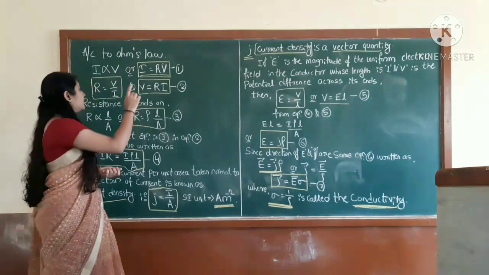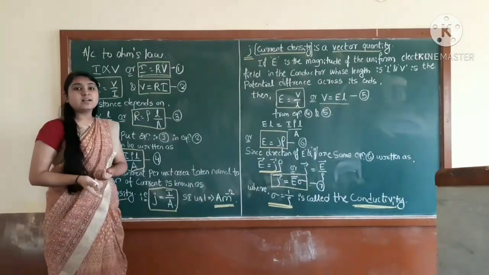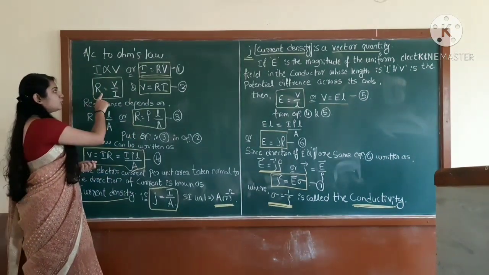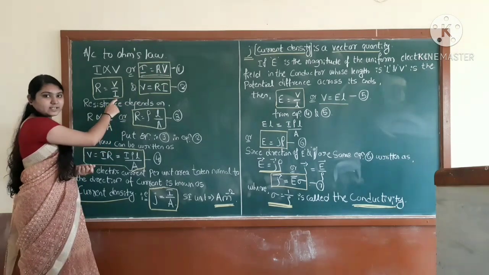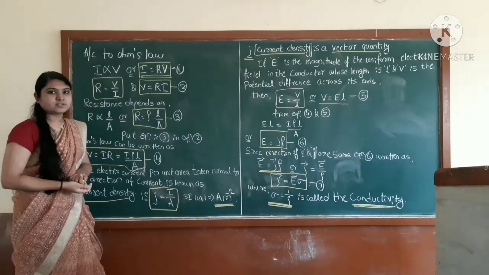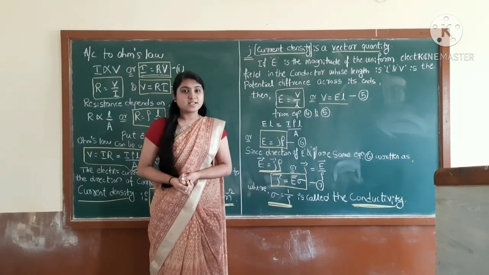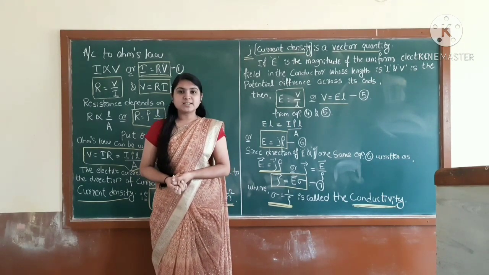Then students, through this formula I can write the resistance R, correct? So R is equal to V by I, right? It is the ratio between the voltage and the current, that is the opposition to the flow of the charges, which is called resistance, that we discussed in the previous class, right?